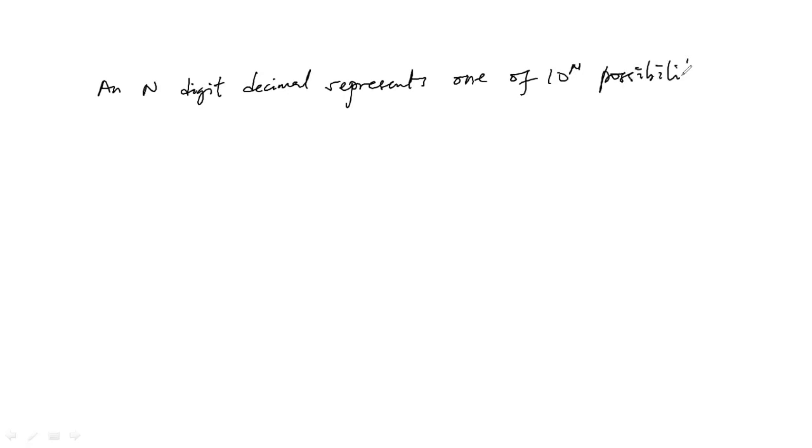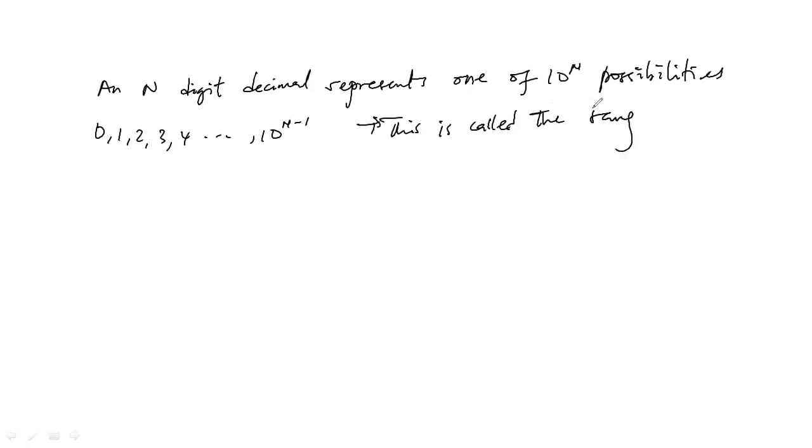That means we have 0, 1, 2, 3, 4, all the way to 10 to the power of n minus 1. And this is called the range of the number.